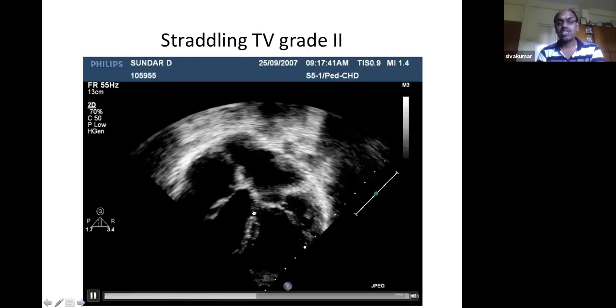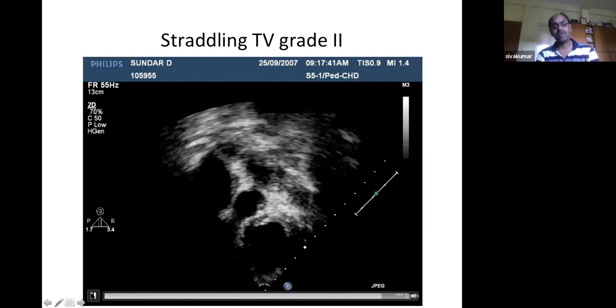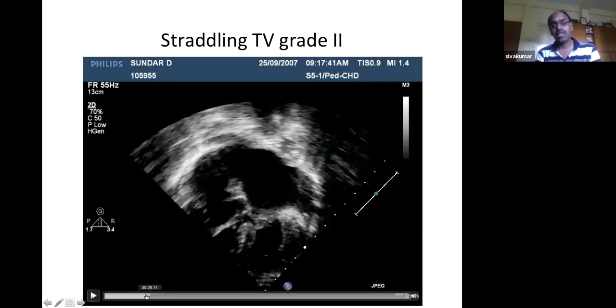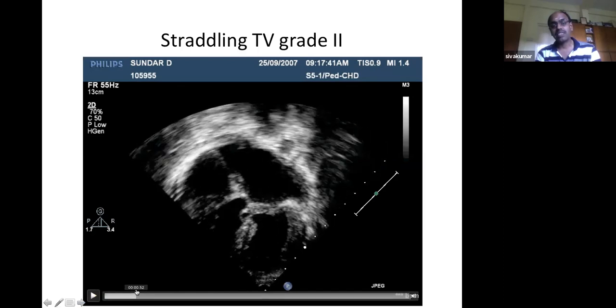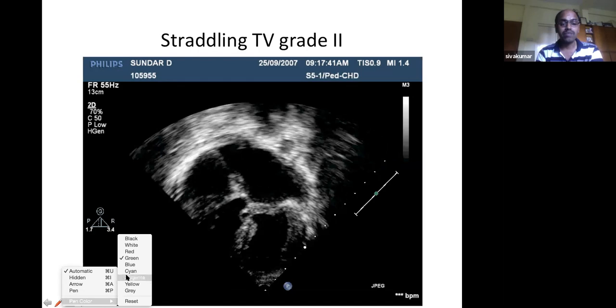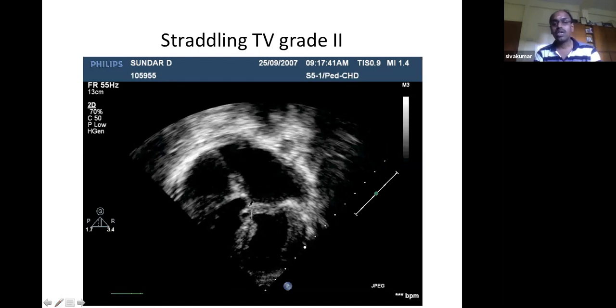So this is a tricuspid valve leaflet straddling. I'll freeze it. Now we can appreciate this tricuspid valve has chordae which are attached towards the left ventricular side of the interventricular septum. This is the interventricular septum and there are attachments to the left ventricular side. So imagine that we have to close this ventricular septal defect. The closure is not in this plane now.